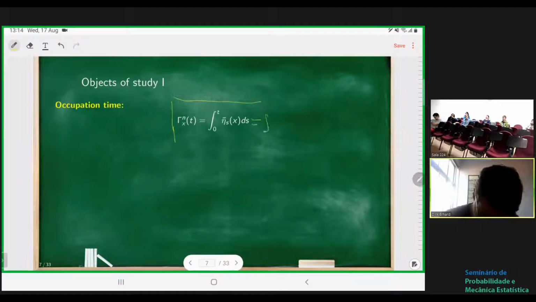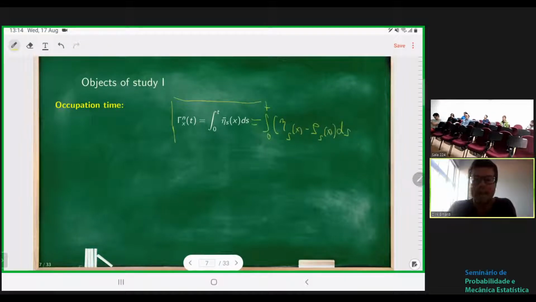So this is nothing else than the integral from 0 to t of eta_s(x) minus rho_s(x), where recall that this function rho_s(x) is simply the expectation of eta_s(x). So recentering is happening.